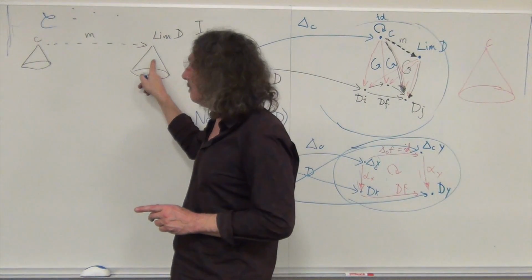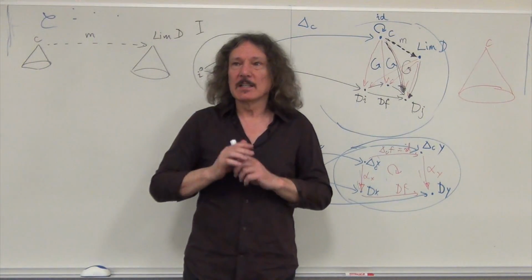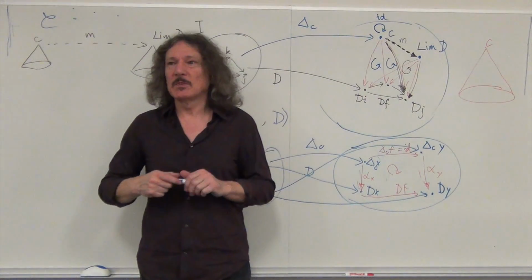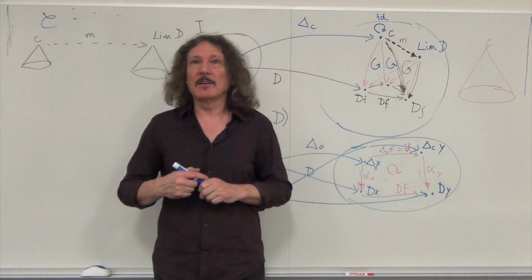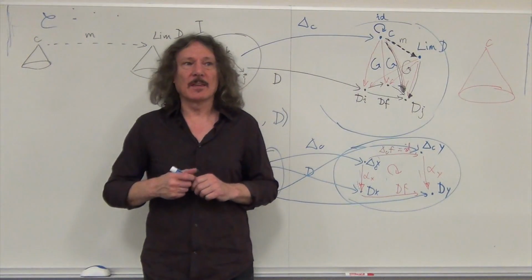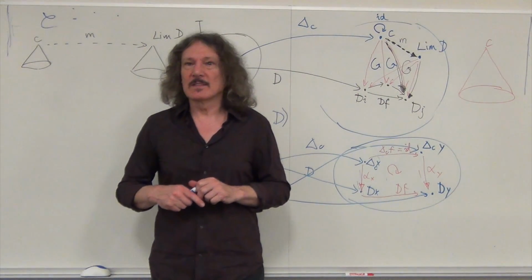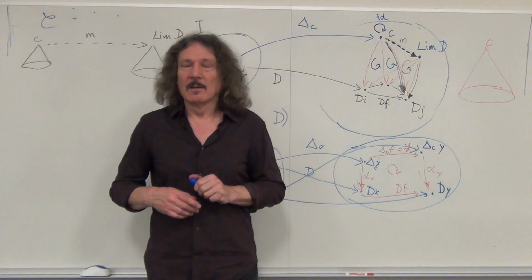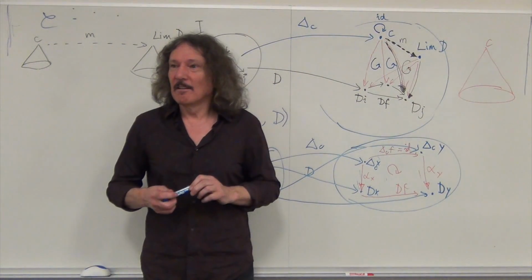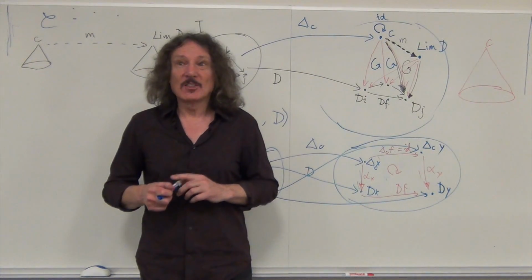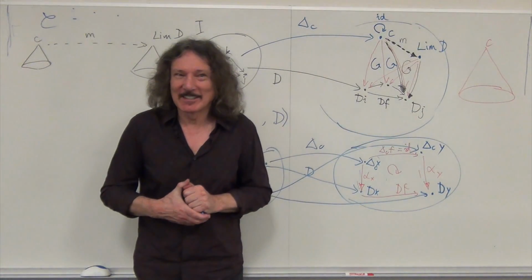Okay? So the question is, do you remember something that I said before, like from every something, there is a unique morphism to this thing? That was the definition of the terminal object in a category, right?